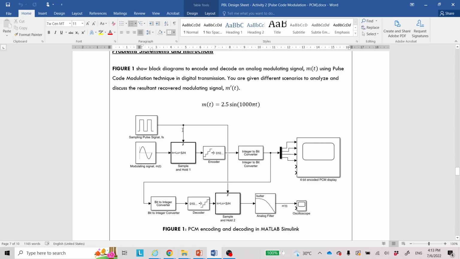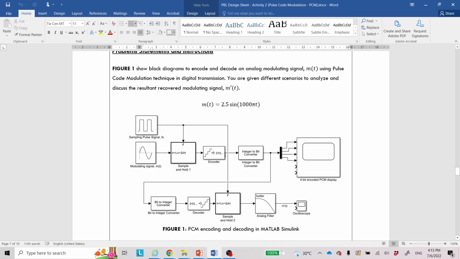So there's a transmitter and also the receiver. Okay, so this is the suggested block diagram. We already gave you the block diagram to guide you to solve the task. If you want to add more blocks, it's up to you.